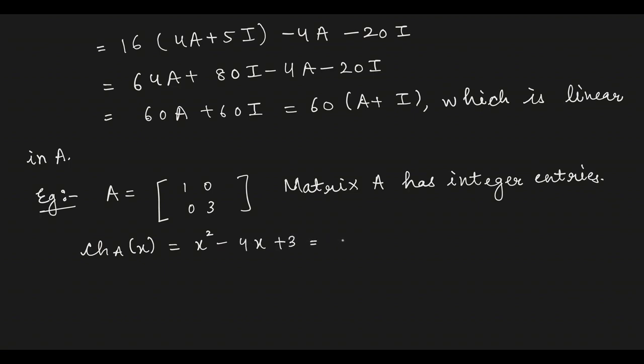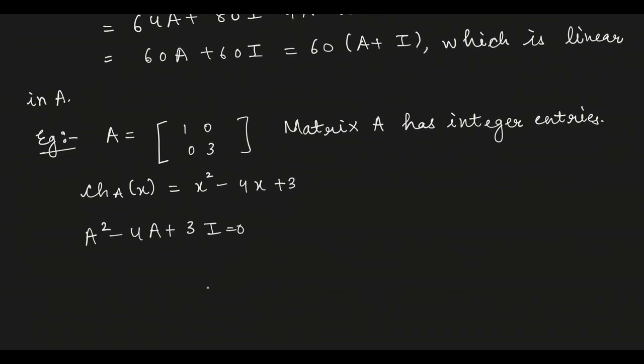So by Cayley-Hamilton theorem, A^2 - 4A + 3I = 0.